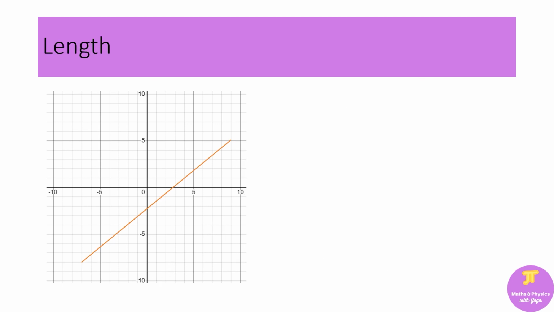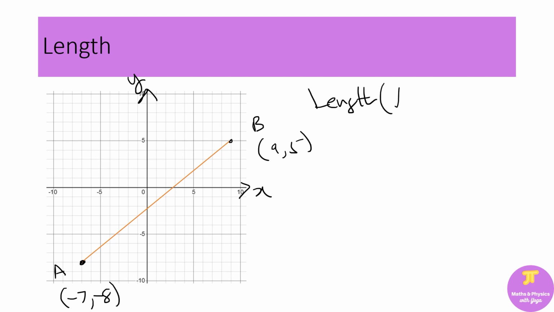Let's see how we can find the length of a line segment. The question is, what is the length of AB? If you want to find the length of AB, we need to make a right angle triangle using point A and point B. If you remember Pythagoras theorem, to know the length of the hypotenuse, we need to know the length of the other two sides.